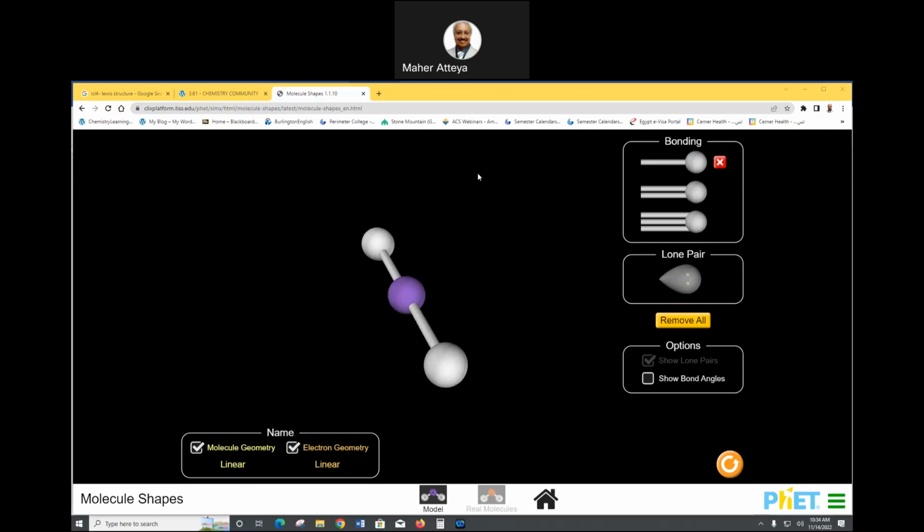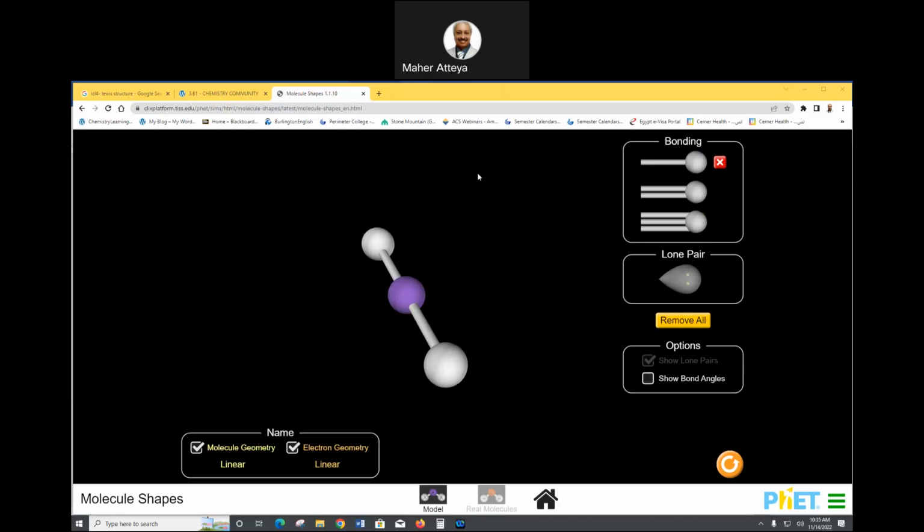So when the molecule reaches minimum repulsion forces among the atoms, then we'll have the final shape. And that's what VSEPR is about: the repulsion among the valence electrons, and the least repulsion will control the shape of the molecule.